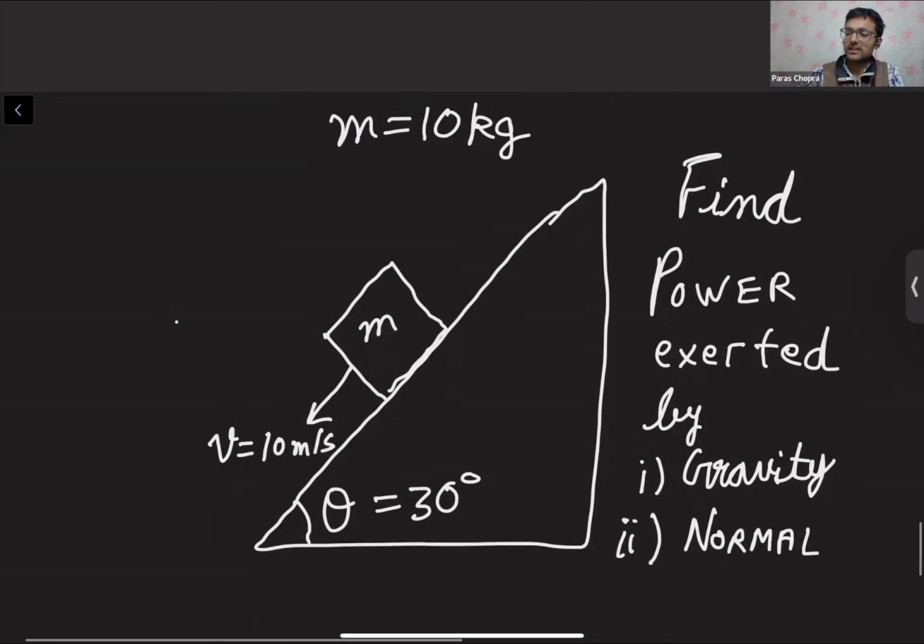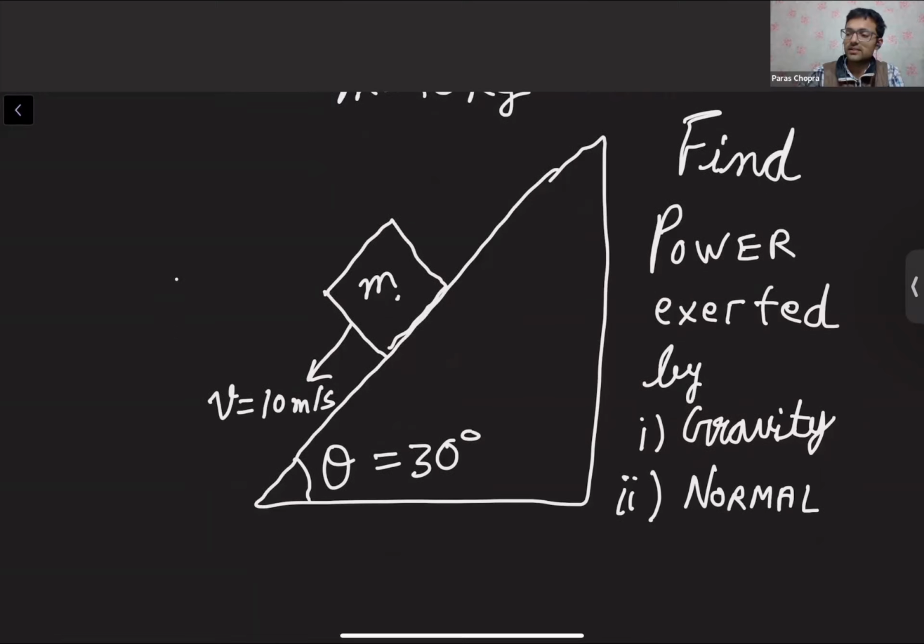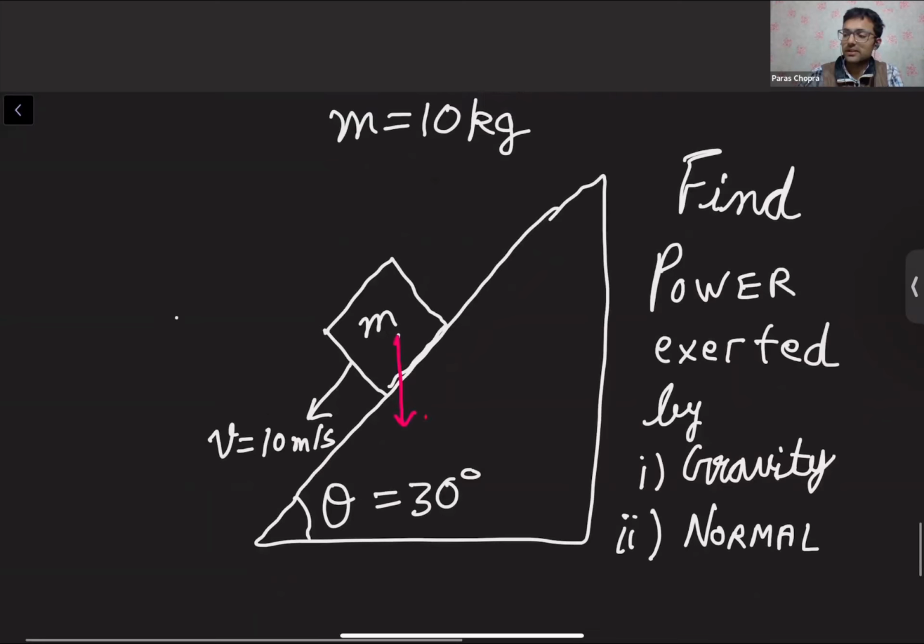Okay, so let's see, the direction of the gravitational force is downwards and the magnitude of the gravitational force is 100 newtons. So what is the angle between force and the velocity? It is equal to this angle. What is this angle equal to?